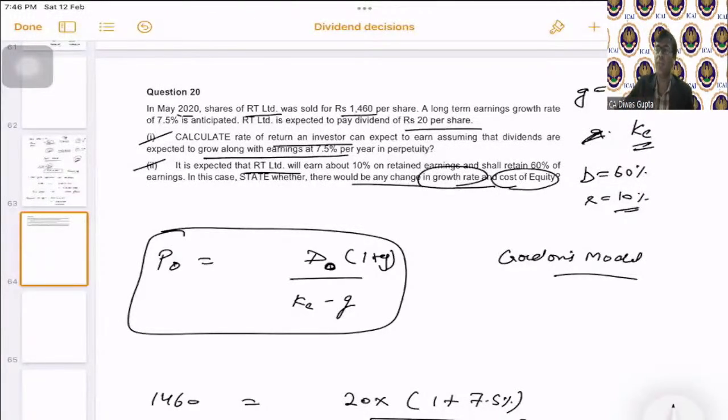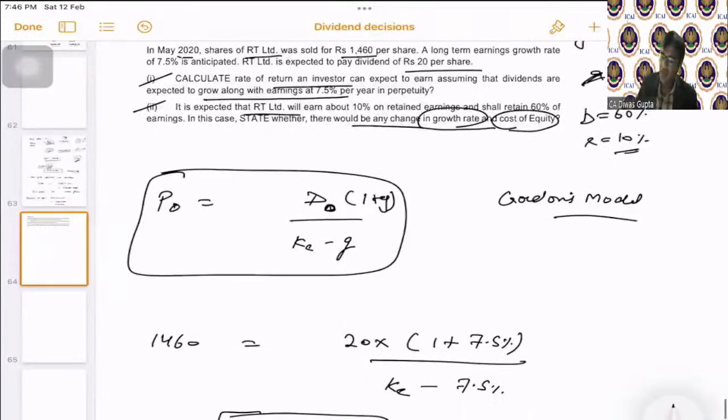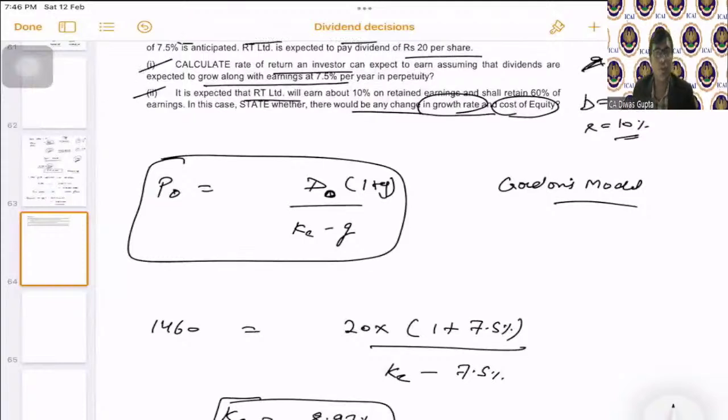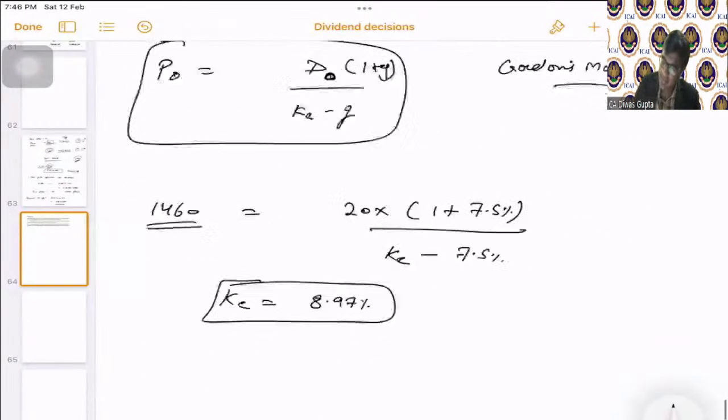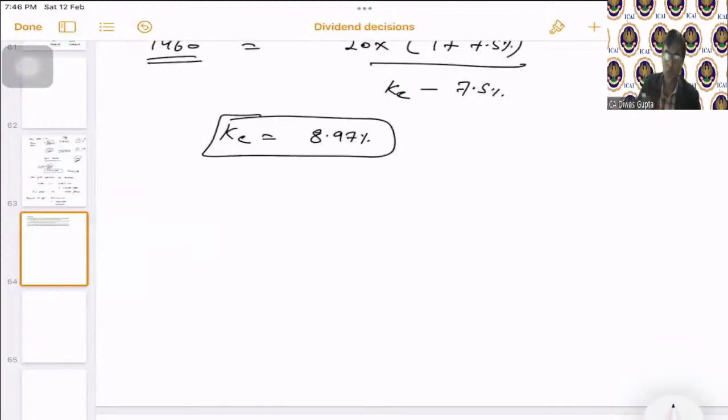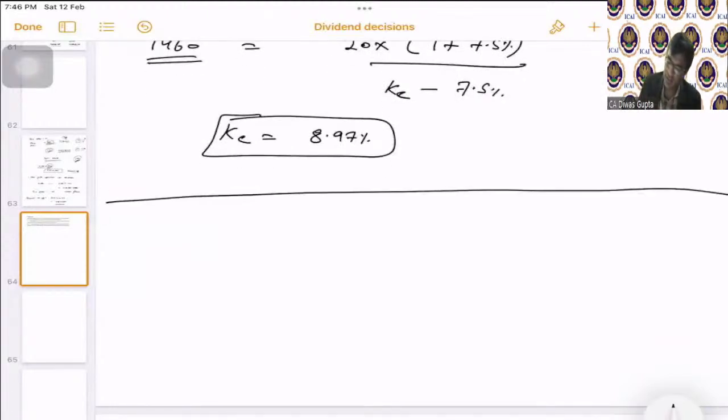Now, here there are two important things. First of all, we have to calculate the change in the growth rate and then the cost of equity. Now, students, for cost of equity, we could have taken the same price, but now I request all of you students to please pay attention here.